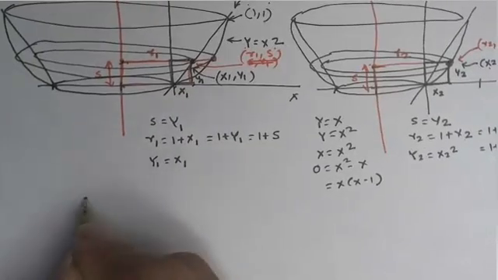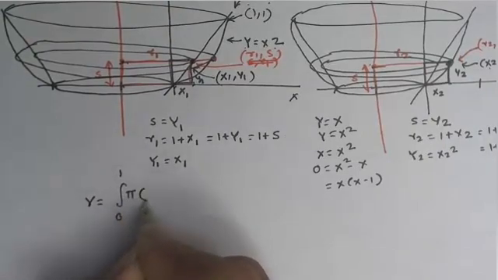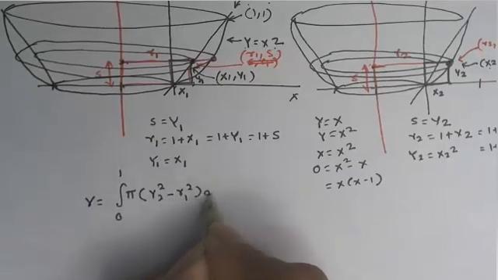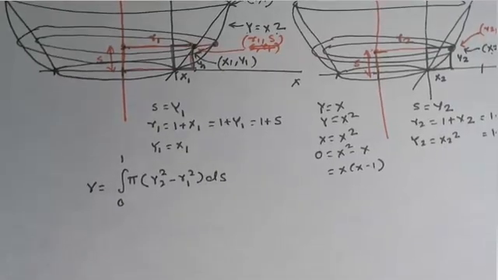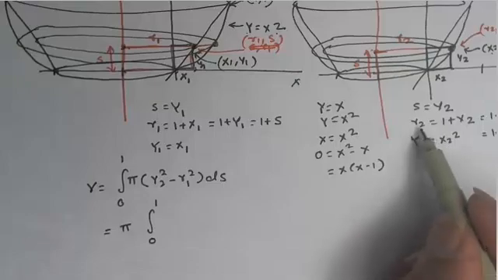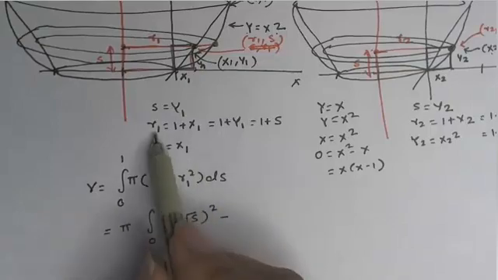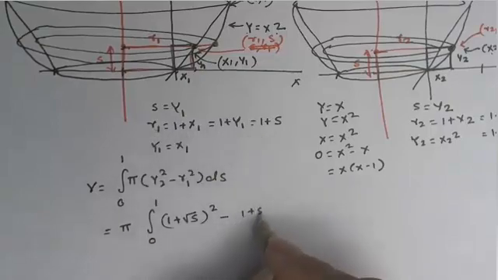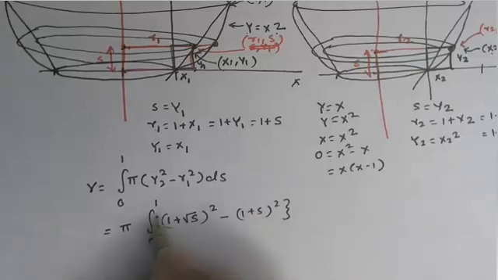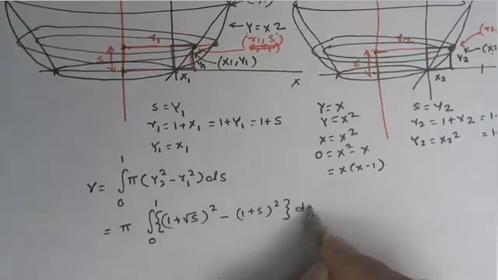And so V is the integral from 0 to 1 of pi times the larger radius squared minus the smaller radius squared dS, and that of course is pi integral 0 to 1 of R2, which is (1 plus square root S) squared, minus R1, which is (1 plus S) squared, dS.